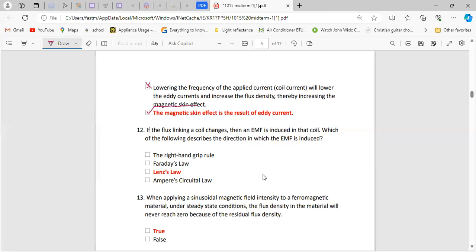The right hand grip rule is just the direction of a magnetic field around a current carrying conductor, like a wire. Faraday's law does just tell you the EMF induced, but it doesn't tell you the direction. That's Lenz.